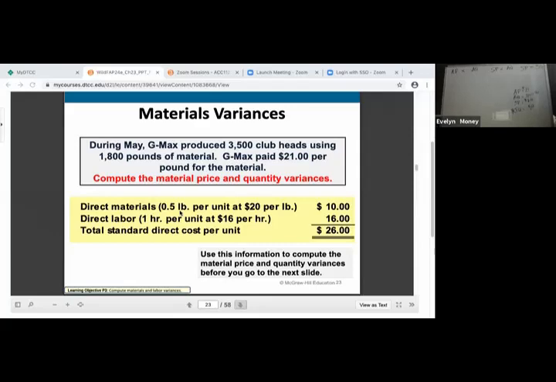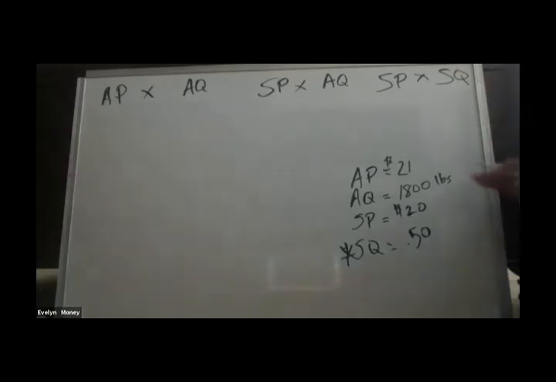In terms of how much I was going to use for quantity, I planned to use a half a pound, but I actually used 1,800 pounds. So in looking at that, that doesn't make much sense. If I planned for half a pound, and I actually use 1,800 pounds, somebody is out of their mind, right?